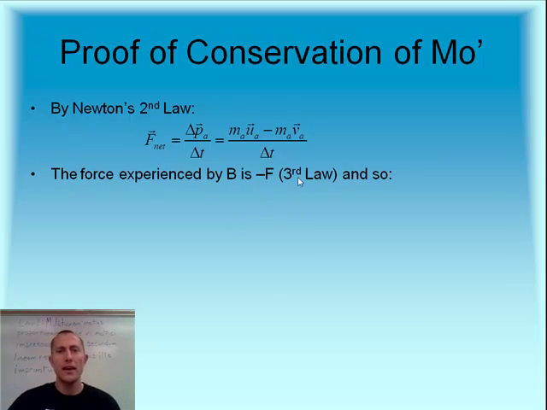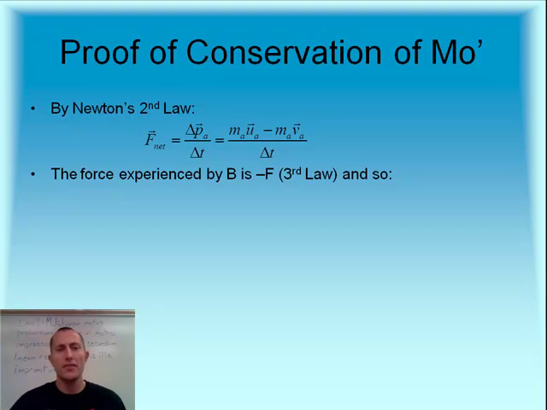Now, we assume that this change in momentum was caused by some force that was exerted by some other object B. We haven't gotten to Newton's third law yet, but the short form of it is that there are equal and opposite forces.